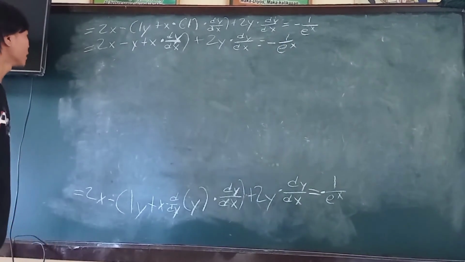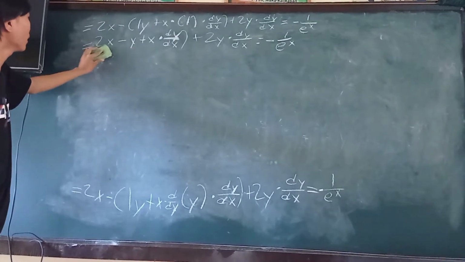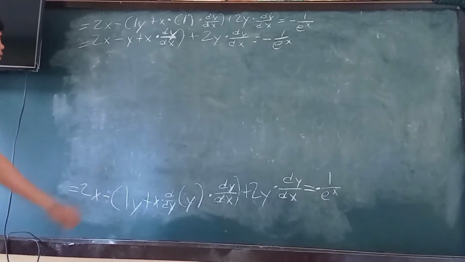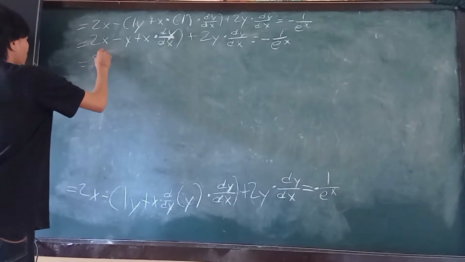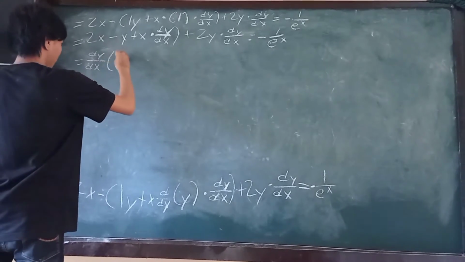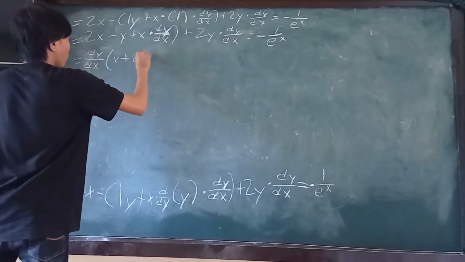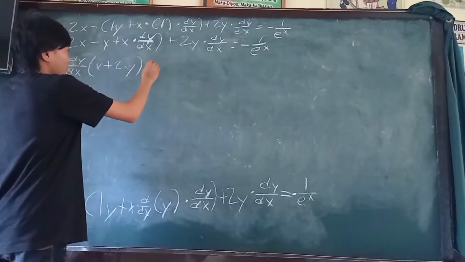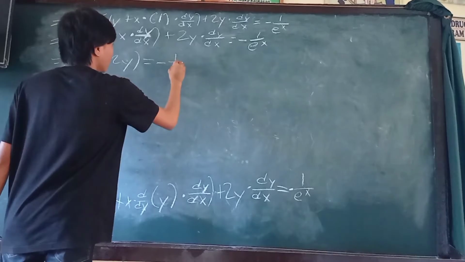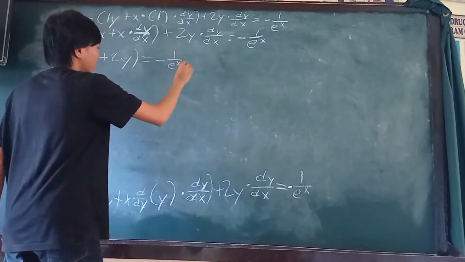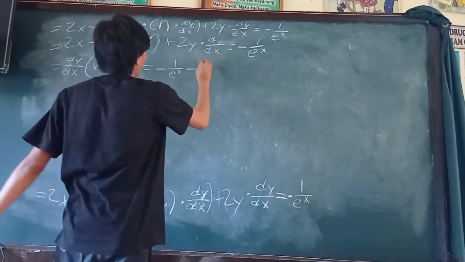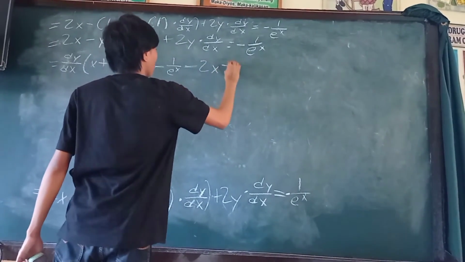The next step is move the expression 2x minus y to the right, then factor out the dy dx. So dy dx times x plus 2y is equal to negative 1 over e raised to x minus 2x minus y.